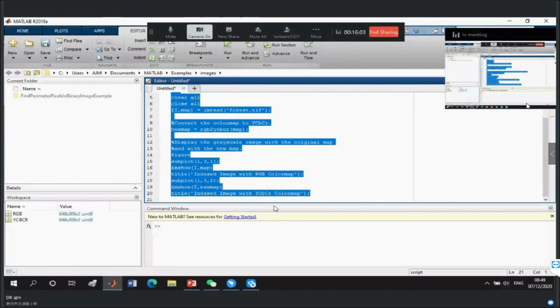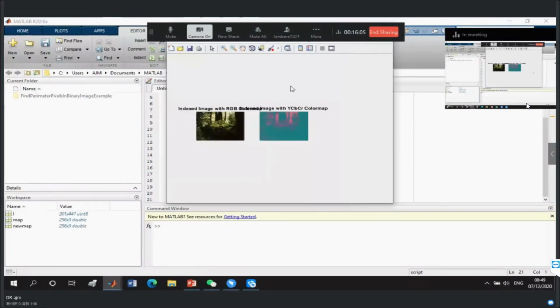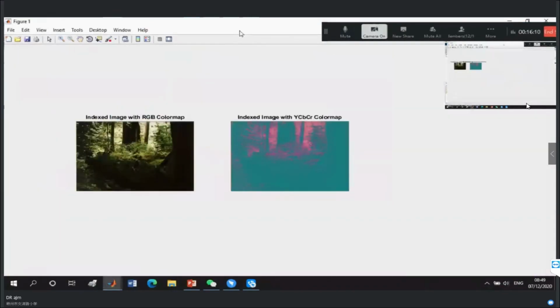Yes, this is what we get as the output: the image with RGB and the image with YCbCr. You will see that most of the colors are gone and just red, some green and some small blue remain. Rest of them are gone.